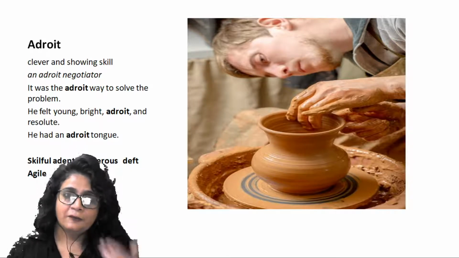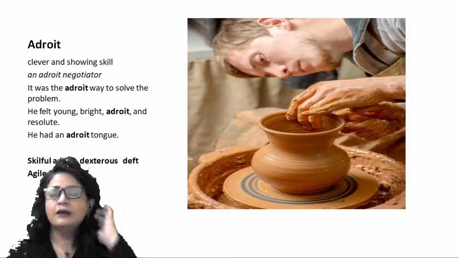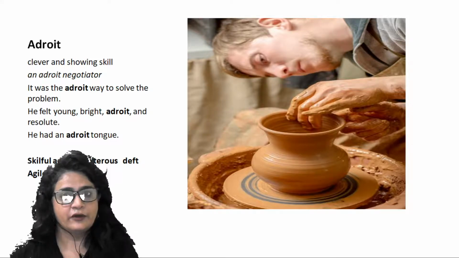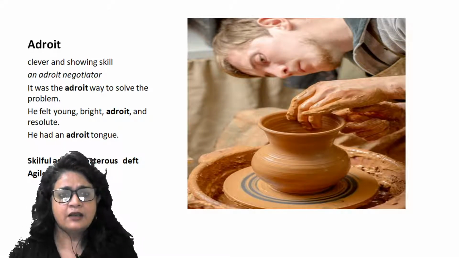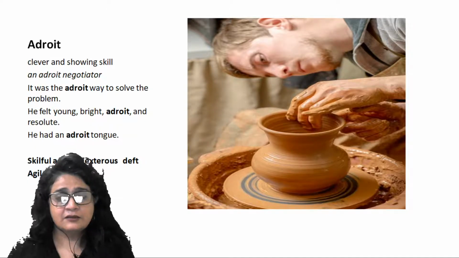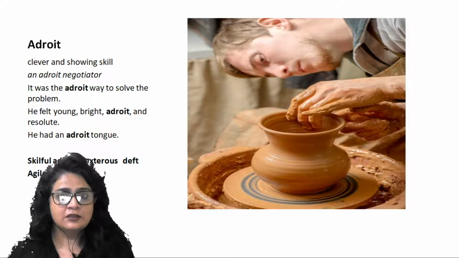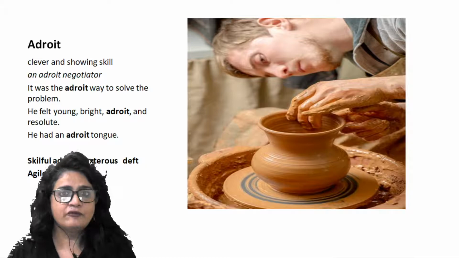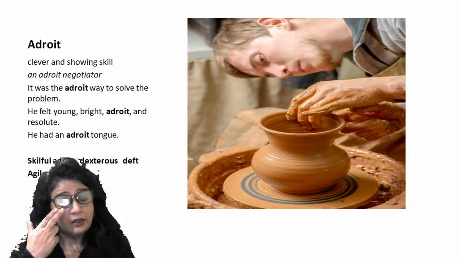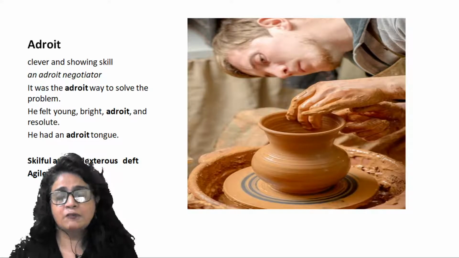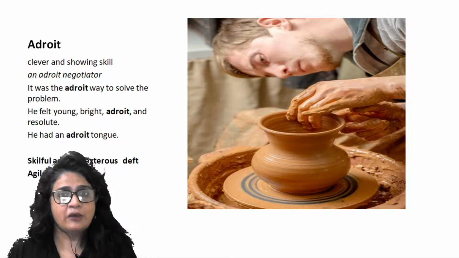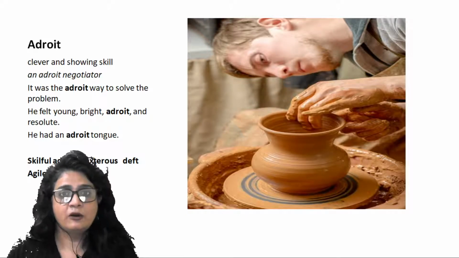Agile and nimble. Now, these two words are a bit different from adroit, though it also shows some kind of skill. But agile and nimble is flexibility of your body, right? So when you have nimble feet, that means you can perform dance extremely well. Or those verbs which require foot movement, right? So when you have nimble fingers, you can possibly perform all the tasks which require the application of hands or fingers, right?